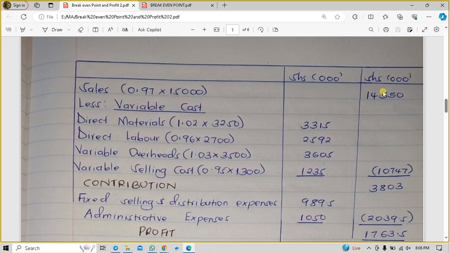And remember to leave your answer in percentage. So what are you getting as your contribution per sales ratio?